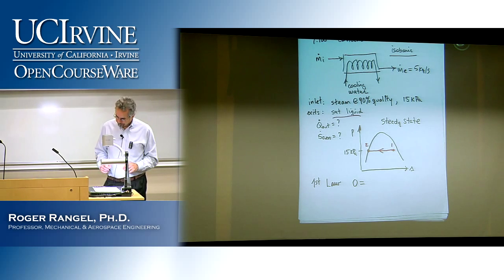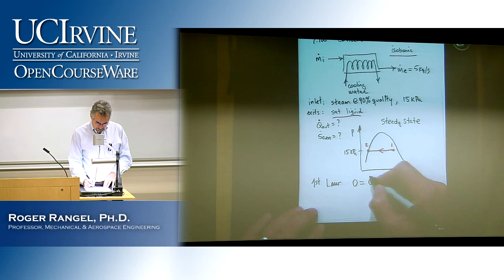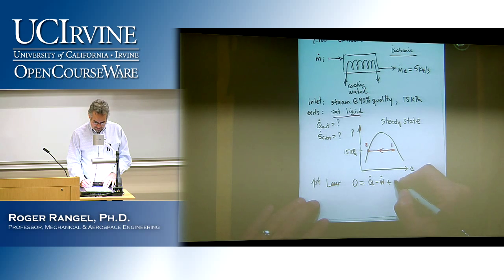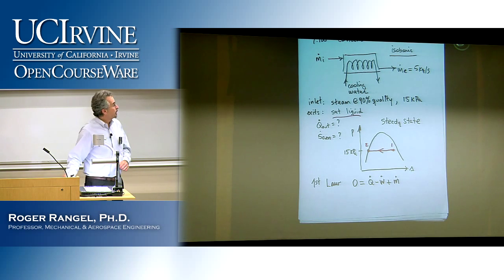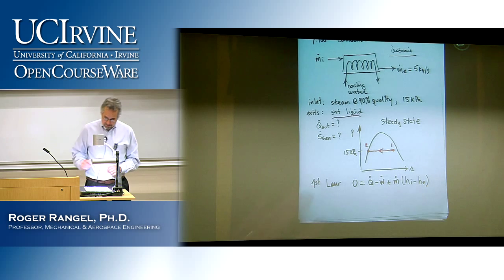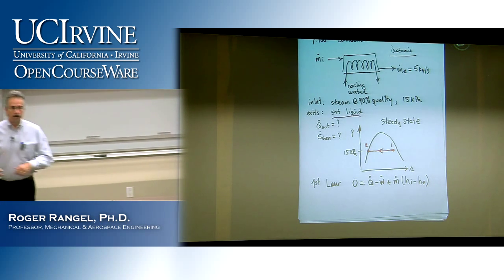That's 0. And then, of course, here we have Q dot, W dot, and then since there is mass flowing in, but it's the same in and out, I'll just call it M dot. And then I can write Hi minus He. That's my first law for the problem.